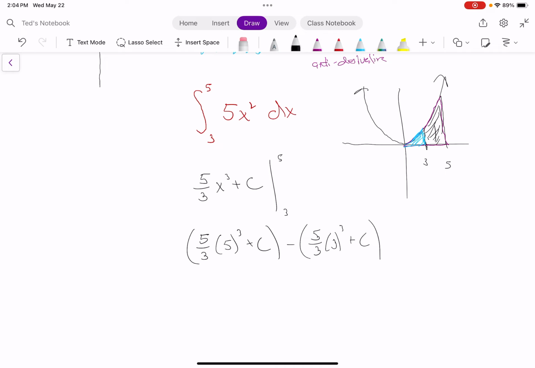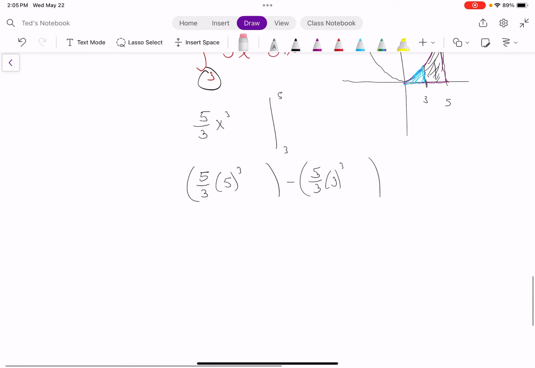And right away, the first thing that happens is I have a plus c here, and when I distribute that minus sign, I have a minus c there, so those constants cancel. So for a definite integral, we don't need to worry about adding the constant. When we have limits on our integral, we don't need the plus c as part of our integral. We're just going to evaluate this 5/3 x cubed from 3 to 5.